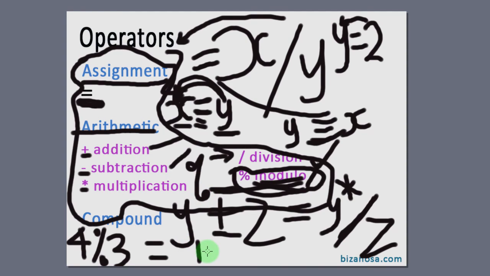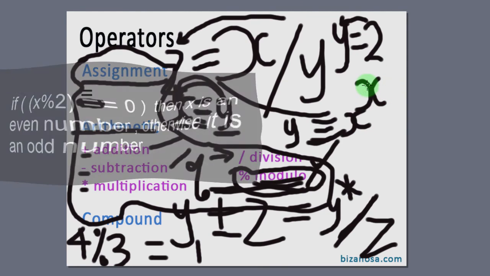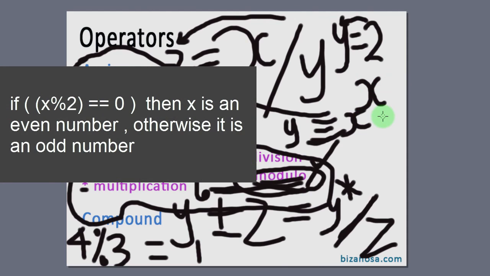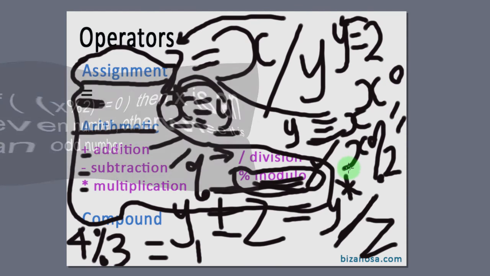An example where you can use a modulo is, let's say you want to find out if a number is even or odd. You can use the modulo. Let's say x is your number and you want to find out if x is an even or an odd number. If x modulo 2, that means x divided by 2, the remainder is equal to 0, then this number is even.